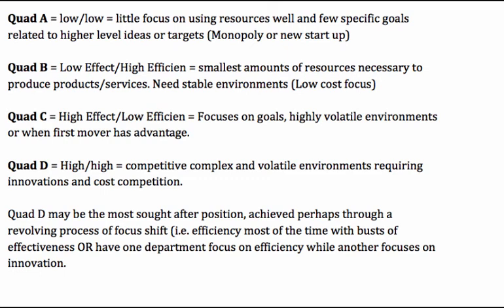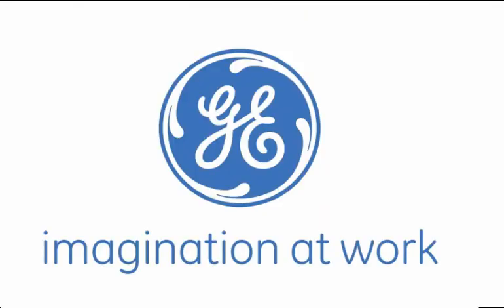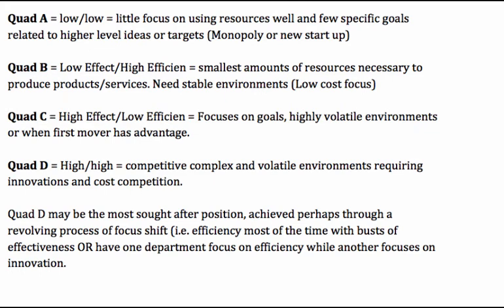Quadrant C is those who are focusing solely on effectiveness. So the organizations are going to be like the GE company that focuses on the goals. They tend to be in highly volatile environments where there's a lot of competition and innovation. And of course, they are going to be the ones who are trying to get the first mover advantage.